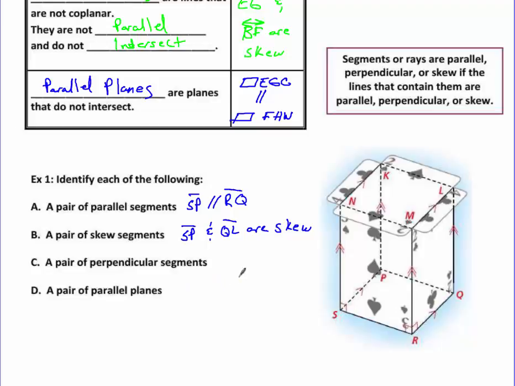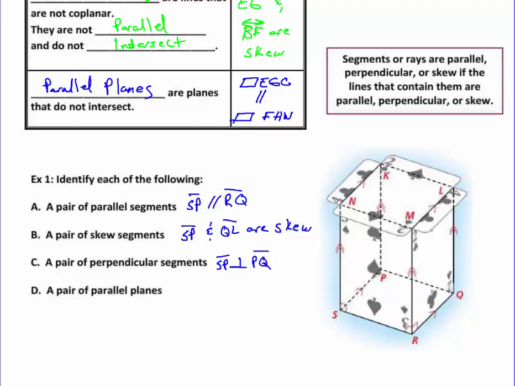So now let's look for a pair of perpendicular segments. And I'm going to stick with SP since we found it. It's easy to find right there. So SP and PQ, right? Those would be perpendicular. So SP is perpendicular to PQ.